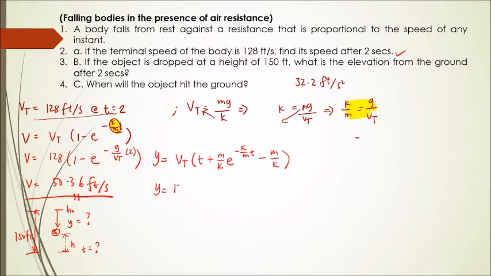Let's substitute: 128 times 2 seconds plus, that is actually 128 over 32, that is 4, times e to the negative 32 over 128 times 2 seconds, minus m over k, which is equal to 4.